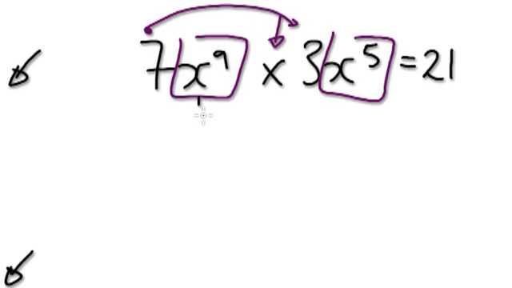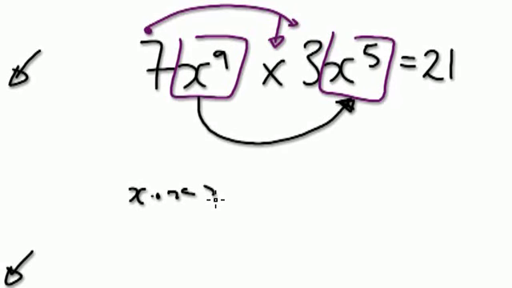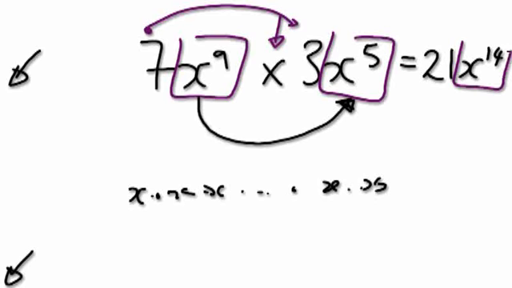Okay, now this times this. So x to the power of 9 times, well, don't forget you've got x times x times x 9 times, and then times it with x 5 times. Well, basically, x to the power of 9 times x to the power of 5 is x to the power of 14. Okay, so this is your new entity.